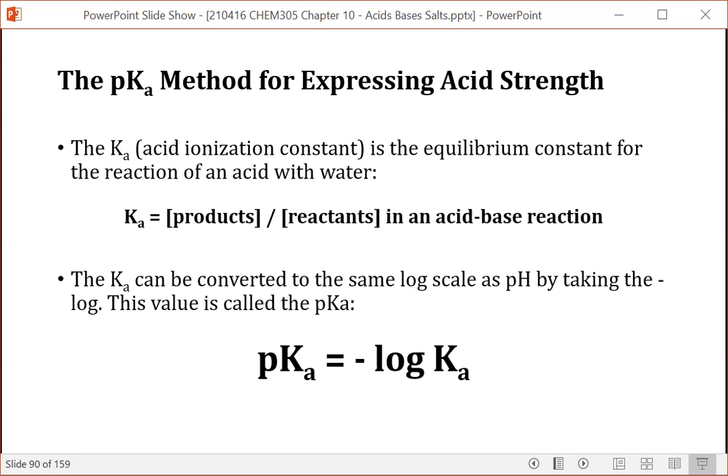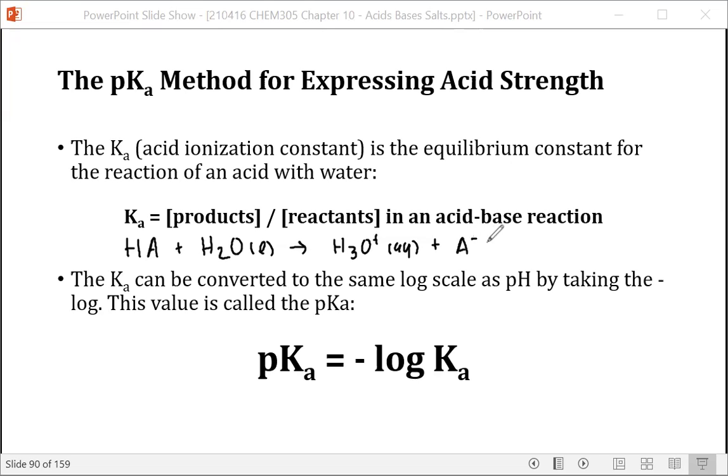We go back to writing out our general equation for an acid, HA plus H2O liquid makes H3O plus aqueous plus A minus aqueous. So it's the concentration of H3O plus times the concentration of A minus, those are our products, divided by the concentration of HA. And we don't include water because water is a pure liquid. So we've gone over how to calculate Ka earlier in chapter 10.